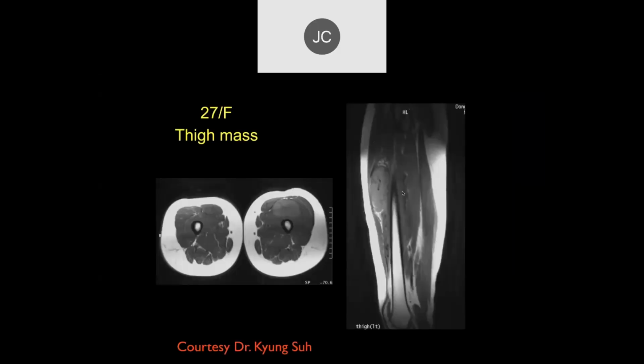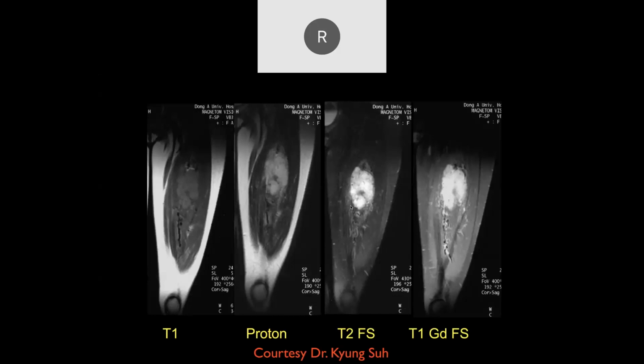Skeletal muscle. Okay. So we have a 27-year-old female with a thigh mass, and it does look like there's an intramuscular thigh mass associated with the vastus intermedius, slightly increased in signal relative to the muscle. It's bright on the PD imaging and also the T2 fat sat imaging.